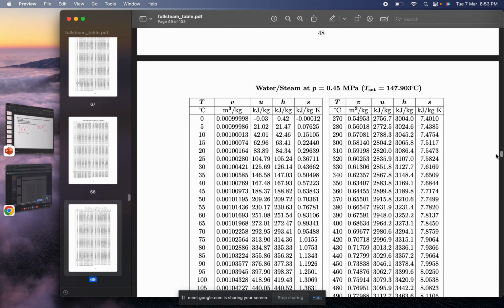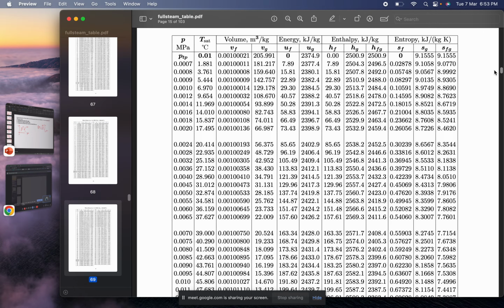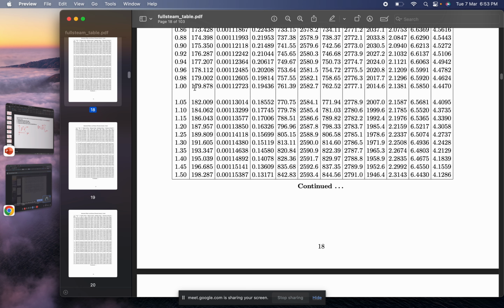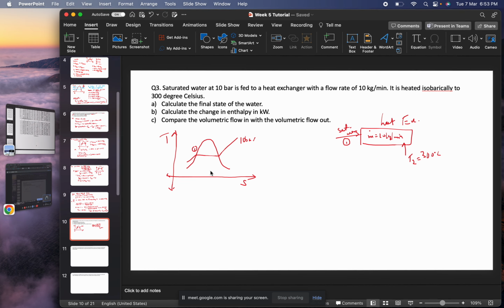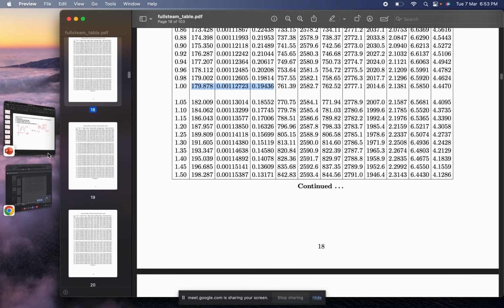For the corresponding pressure lines, saturation lines, at 1 megapascal my corresponding T saturation is 179.878.